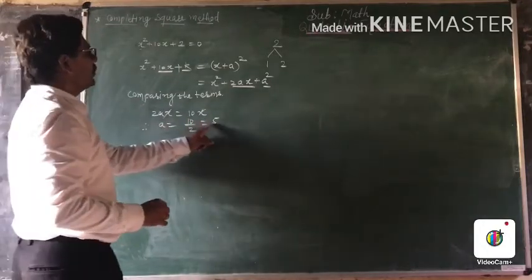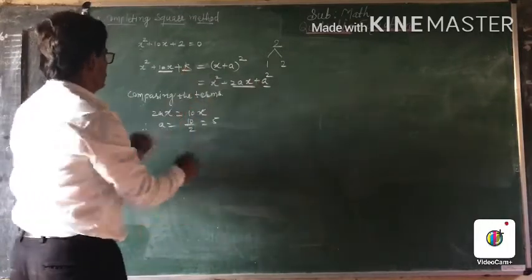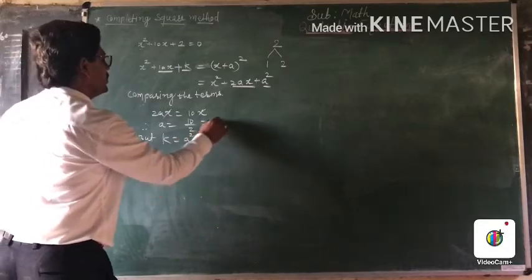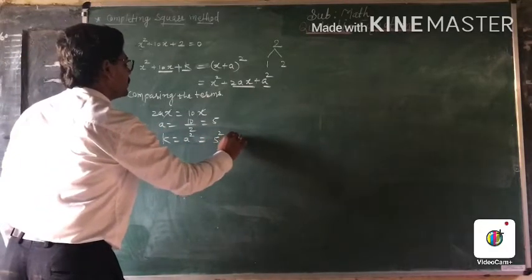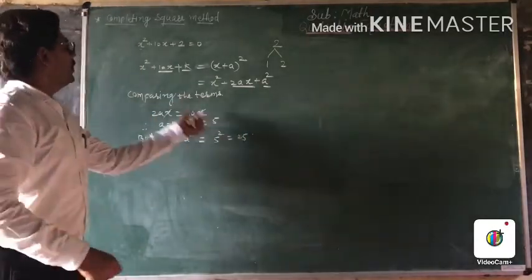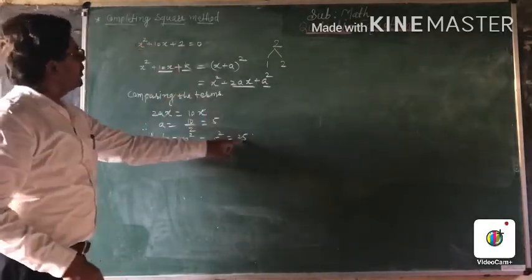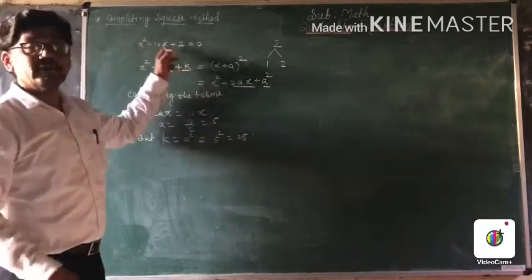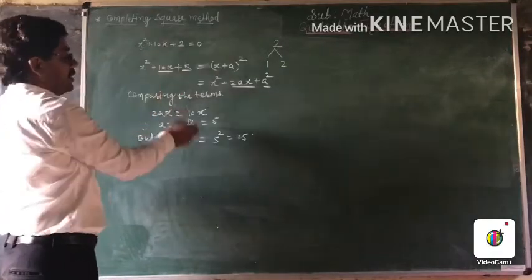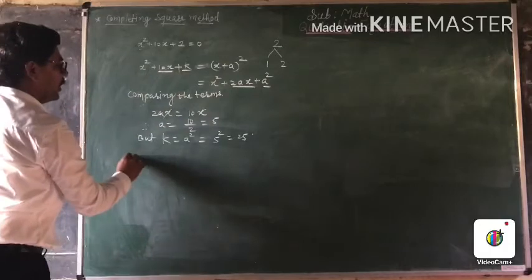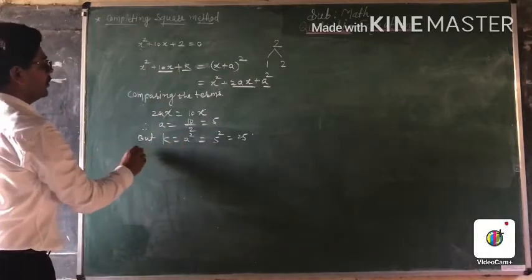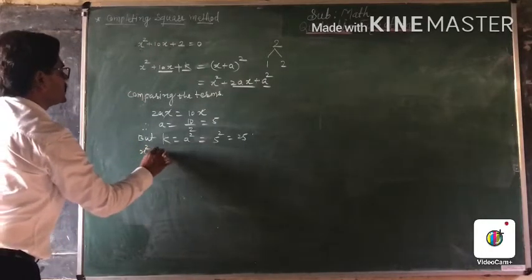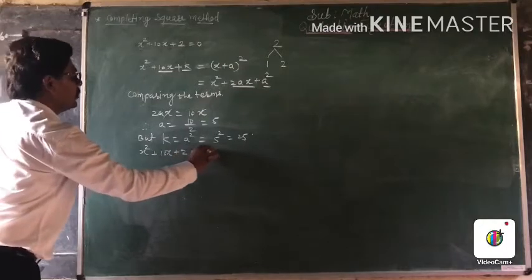Now a is equal to 5, and k is equal to a square, therefore k is equal to 5 square, which is 25. Now if we add and subtract 25 on the left hand side, we have the equation x square plus 10x plus 2 is equal to 0.